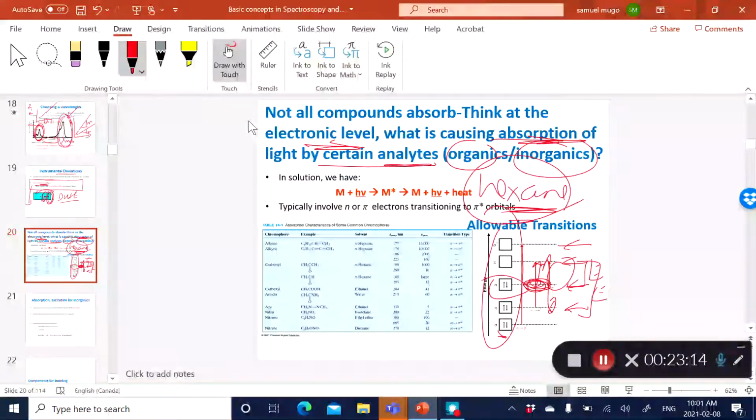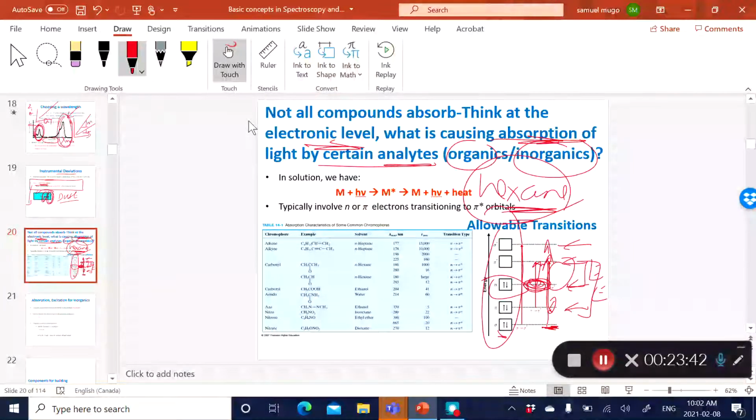It's very difficult for them to transition from the sigma molecular orbital all the way to the sigma star. The reason is that it's a huge energy gap, meaning that transition is not favored, because it needs a lot of energy.